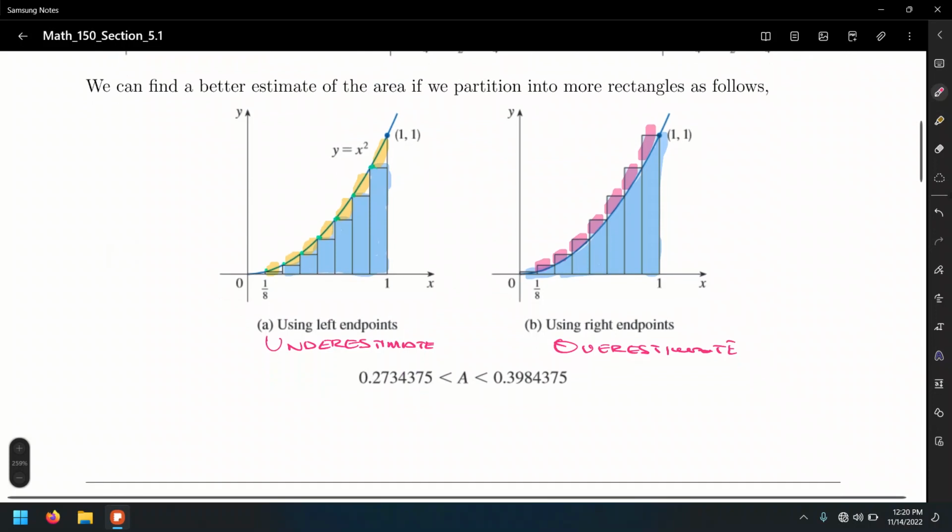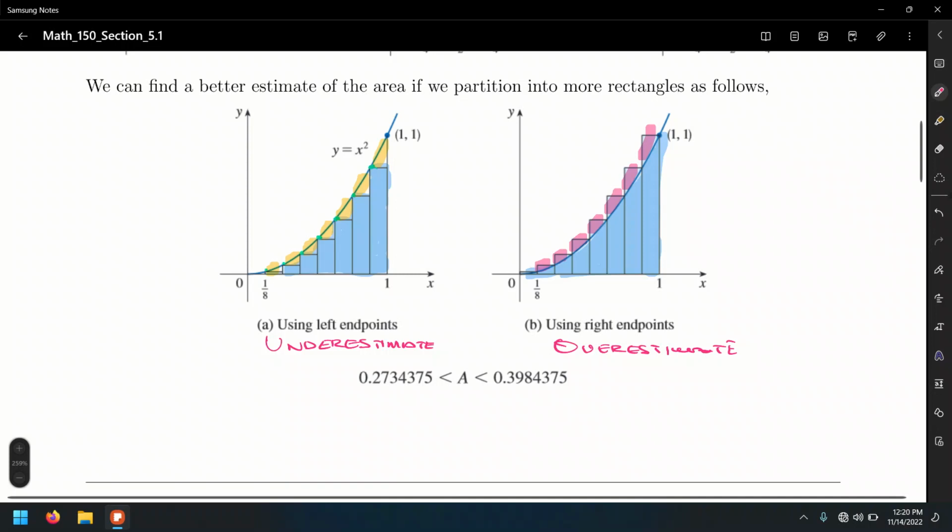This is just a visual with some numerical values, ultimately just to determine that the actual value of the area under the curve has to be between these two values. We're going to learn soon how to get those values. Don't worry. All I want is for you to see the bigger picture here.